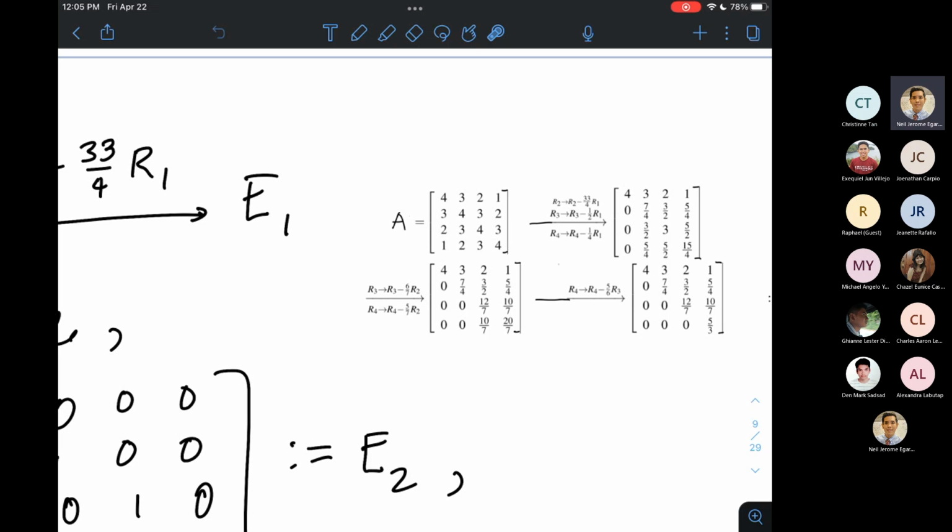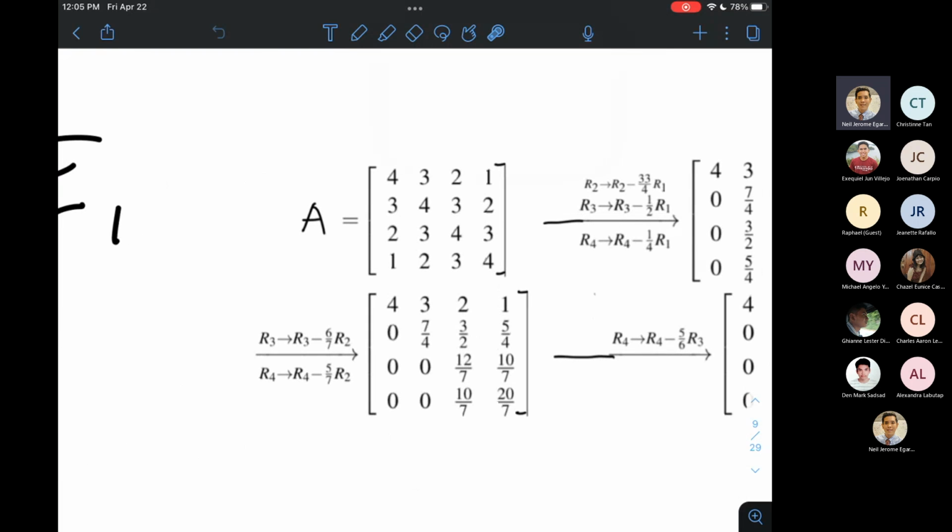Okay, thank you, Christine. Let me check that. But yeah, supposedly, why is this 33/4? We did not notice this in the last module, right? Because this is an example in module 6. We want to eliminate the 4 here, right?